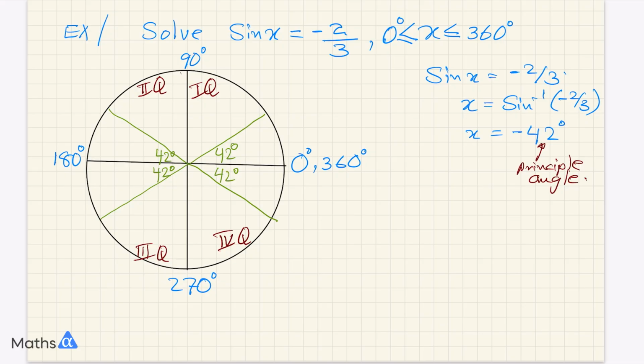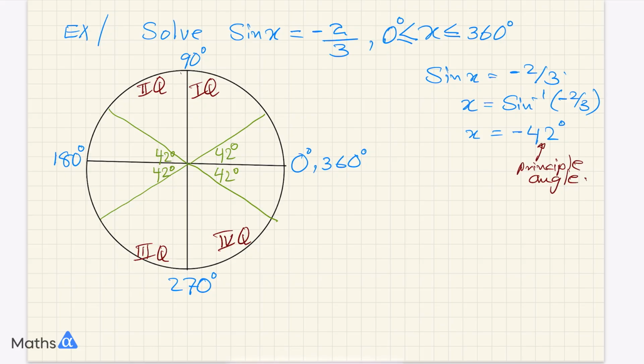Now, another thing we need to carefully look at here, two things basically. One thing is we need to look at this value. You can see the value is negative. We need to look at the CAST diagram and decide where sine is negative.